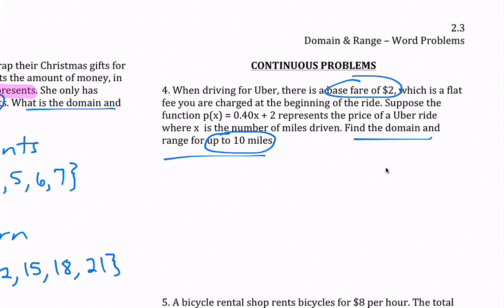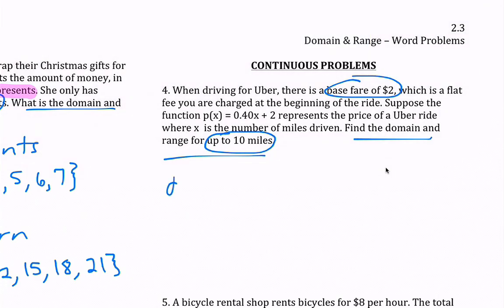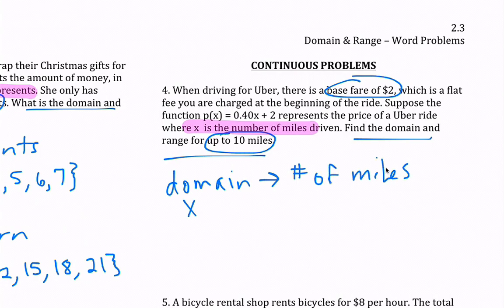All right, first let's find the domain, which we know is x. And in this story, it told us x stands for number of miles. Okay, so let me explain why I know that this one is a continuous problem.